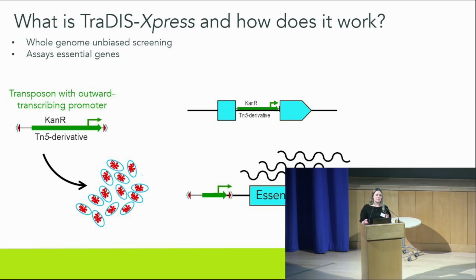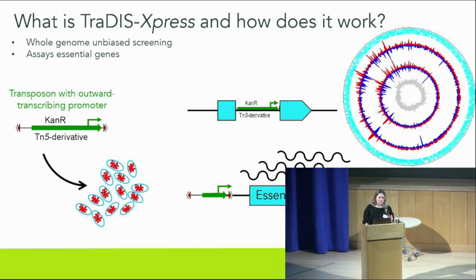Now, in TraDIS-Xpress, when that transposon and that promoter inserts upstream of a gene, you can see how expression changes as well as presence and absence affect survival. That's really important for assaying essential genes that can't normally be assayed in normal transposon mutagenesis. And essential genes are essential for antibiotic discovery because a lot of the antibiotics we currently use target essential genes.